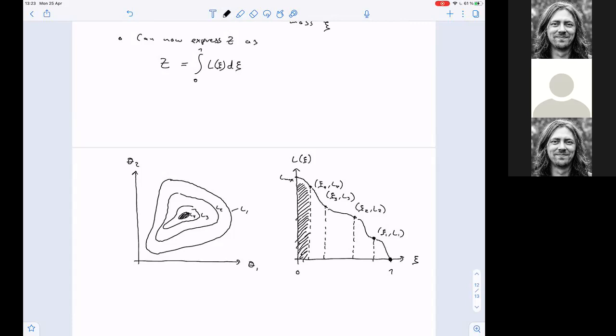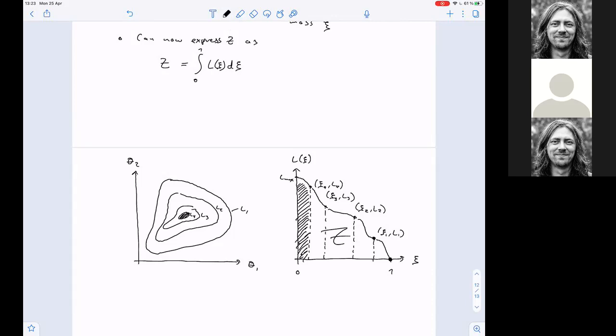There is some true function here, perhaps doing something like that, but we don't know that function at every point. Currently we only have 4 samples of it. But the evidence Z is just the integral of this one-dimensional function, so Z is just this area under here.